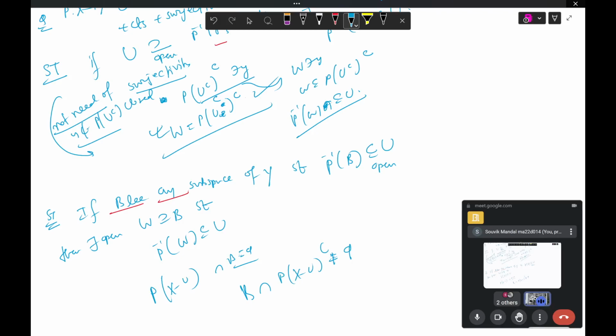No, no. The thing is that from the first problem you have only one point, so for that you can get an open W containing that point. But here B is a whole set. So for each point you will get a neighborhood W, right? Correct. Okay, so then what to do? You are almost there.